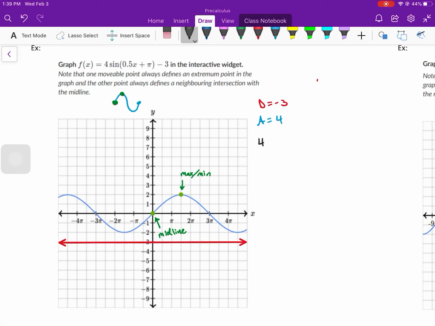So we currently have 4 sine of 0.5x plus pi. So if I factor out 0.5 to the front, just on the inside, I'm just going to focus on the inside, ignore everything else, act like it doesn't exist. So that's going to be x plus pi divided by 0.5.